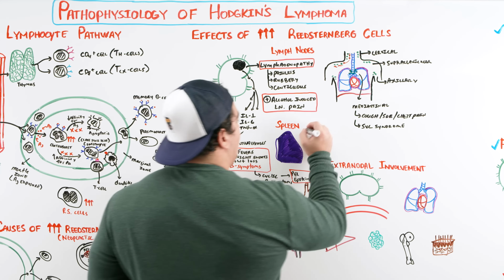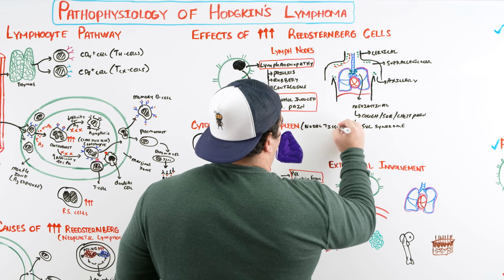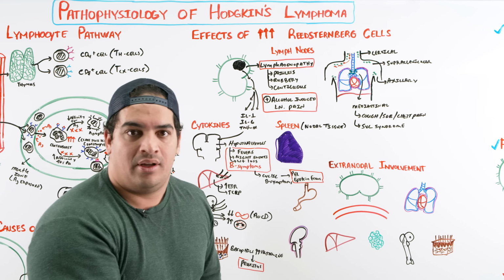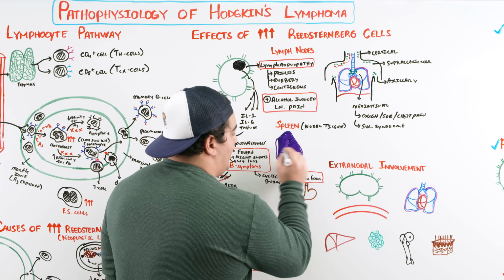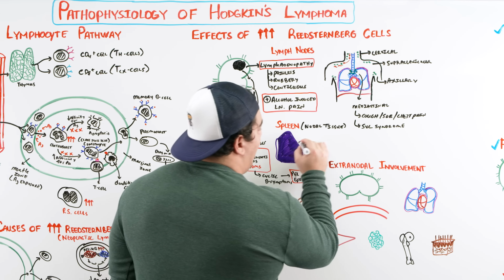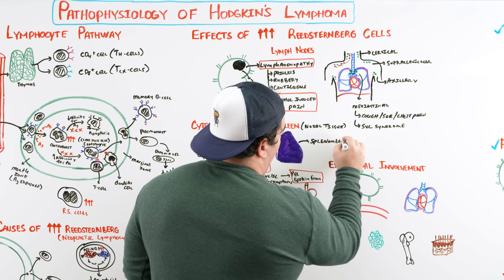So technically, if we're really being specific, this is a nodal tissue. So we can't consider this to be a part of the extranodal tissue involvement. So what can happen here? Sometimes these lymphocytes, these Reed-Sternberg cells, can populate within the spleen. And if they populate within the spleen, they can cause enlargement of the spleen and cause splenomegaly.